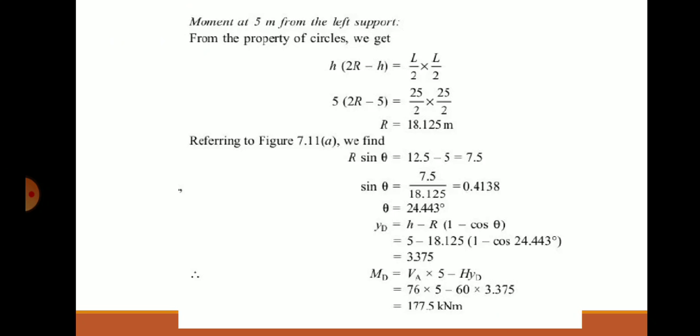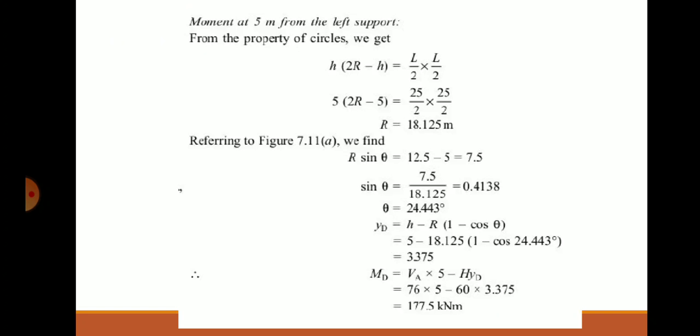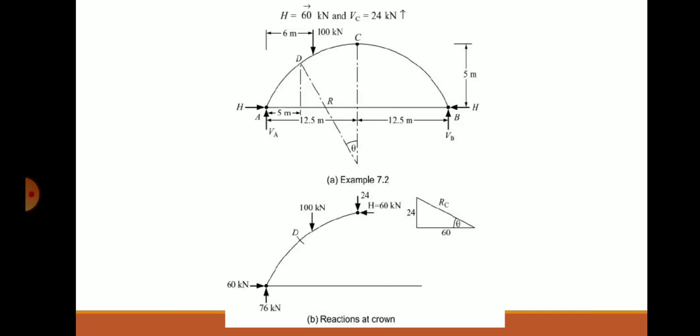Then the moment about D is found from the forces: V_A into 5 minus H_D into Y_D, because at point D there is no load. You can consider the left side or right side of D. I prefer to consider the left side, and in the left portion there is no loading coming. Loading comes only in the right portion.